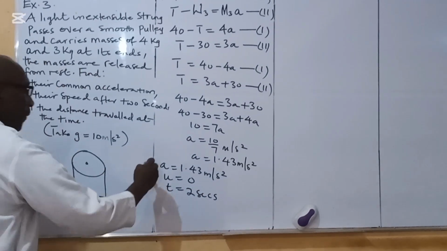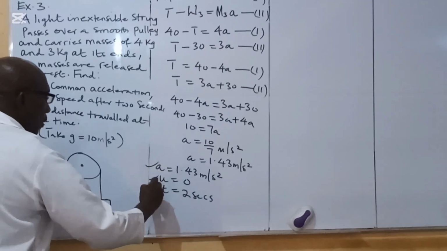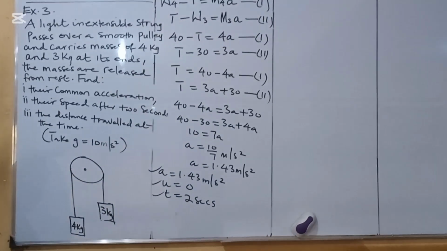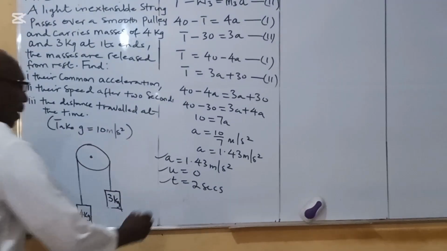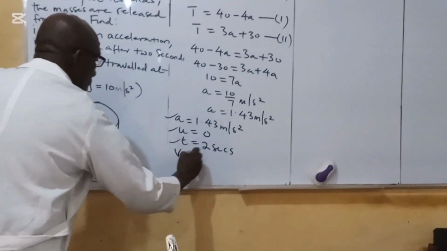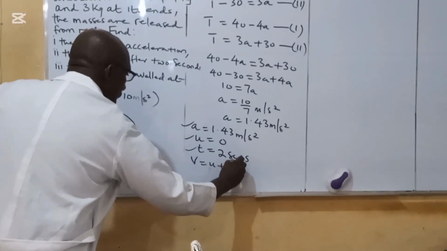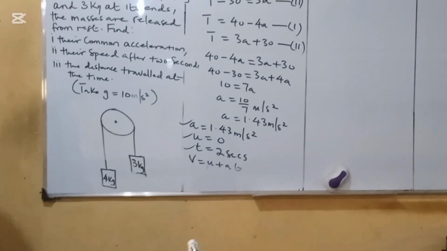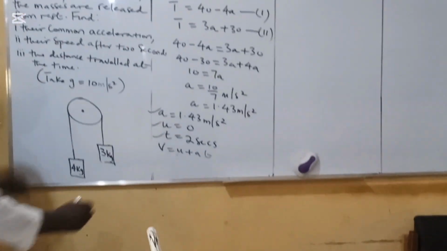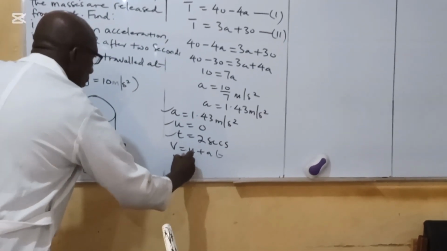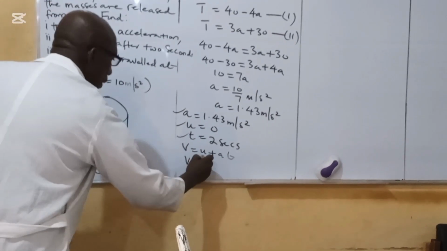Now we have 1, 2, 3 quantities, so we can apply the equation of motion. Now we apply the first equation, v is equal to u plus at. So we have v is equal to, what's the initial velocity? 0.